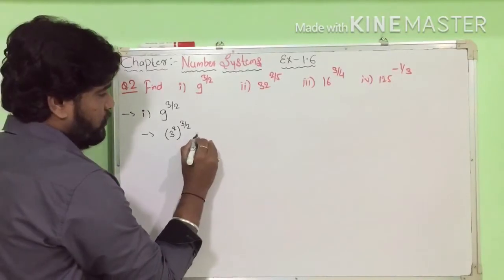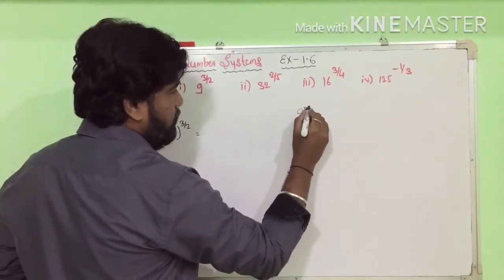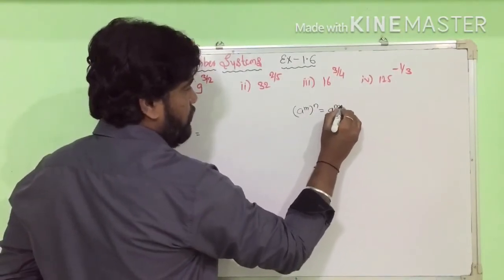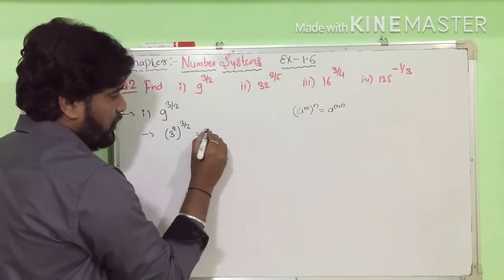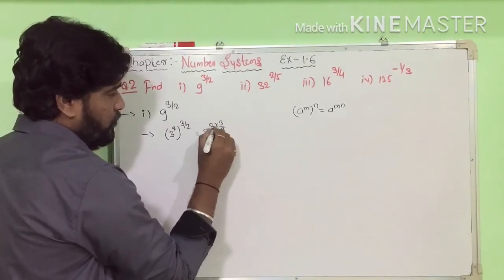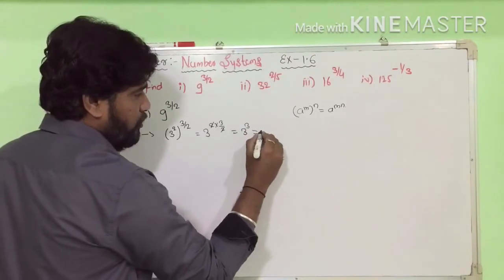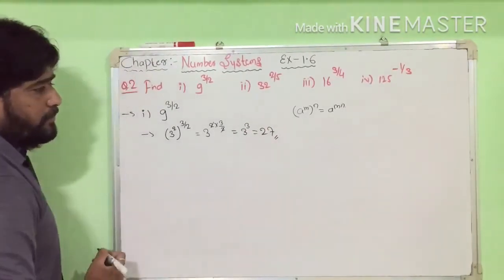Now it is in the form of a raised to m raised to n is equal to a raised to mn. Using that, 3 raised to 2 into 3 by 2, the 2 gets cancelled, we got here 3 raised to 3, so 3 cube is 27. Clear?